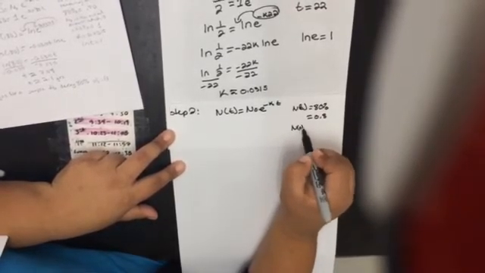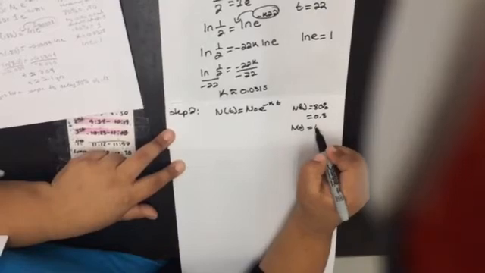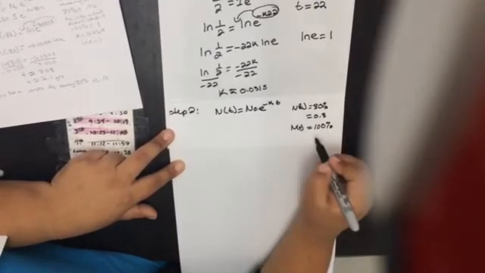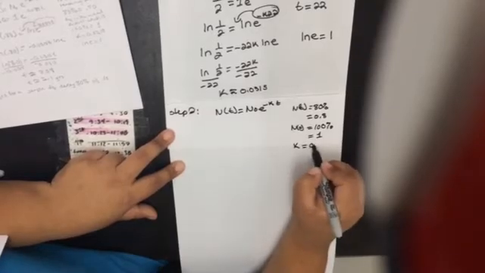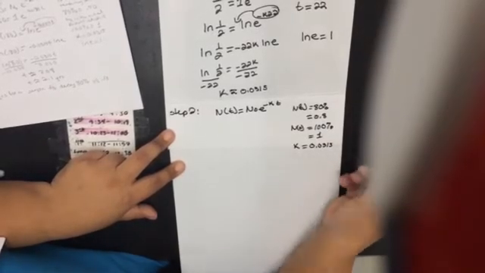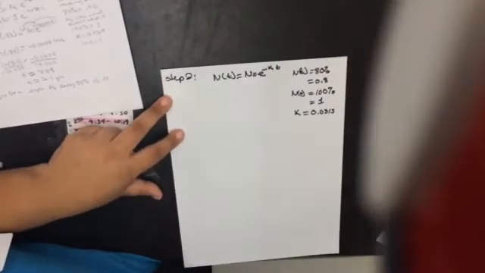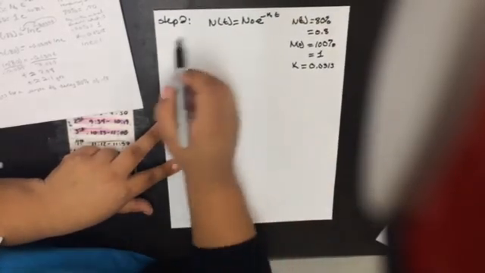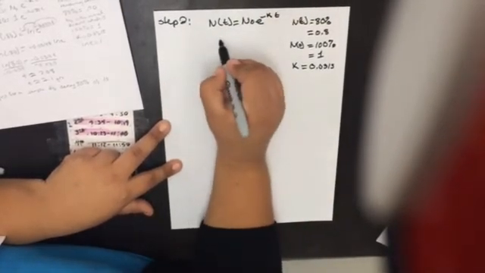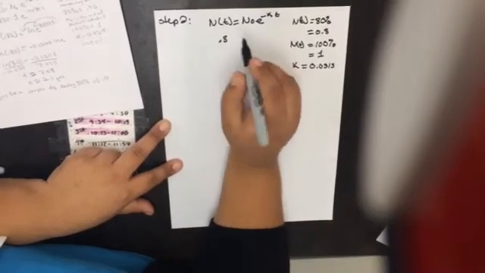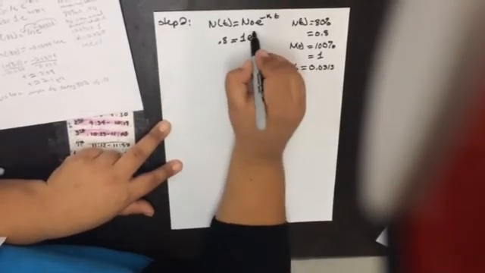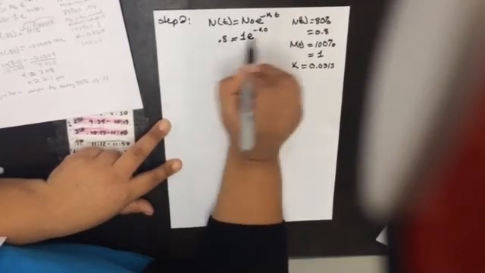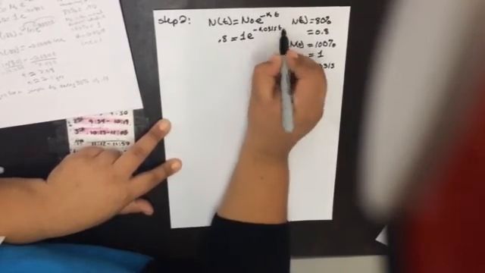Your n naught is the initial amount, which is 100%, and we can write it as 1. Your k is 0.0315. Okay, so 0.8 equals 1 times e to the negative 0.0315 times t.